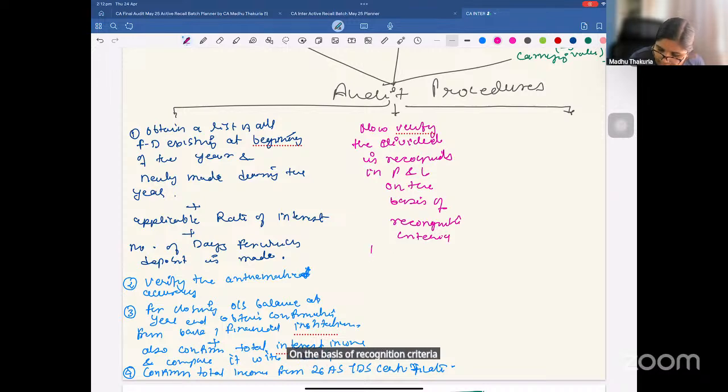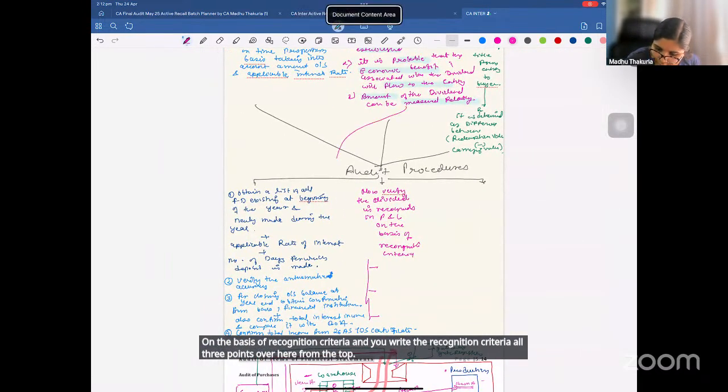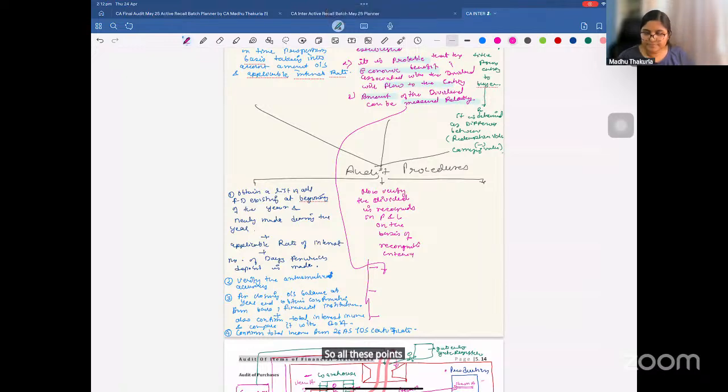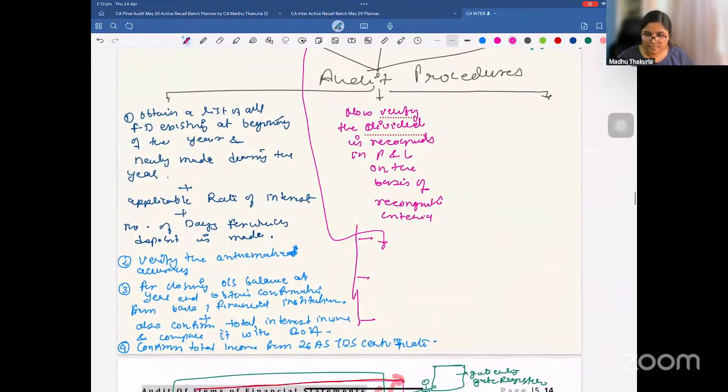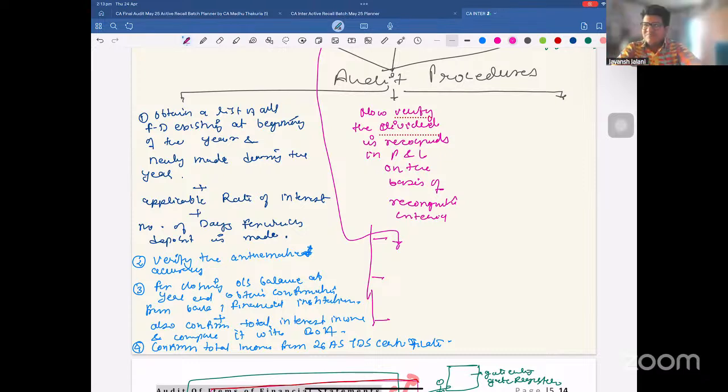And you write the recognition criteria, all 3 points over here from the top. So all these points will come over here. Yes, ma'am.